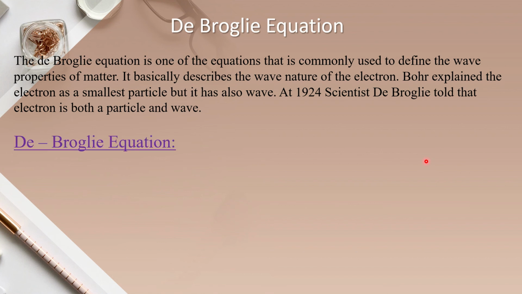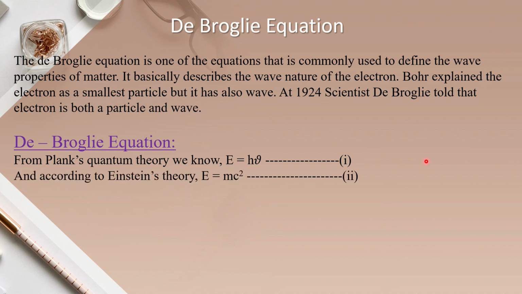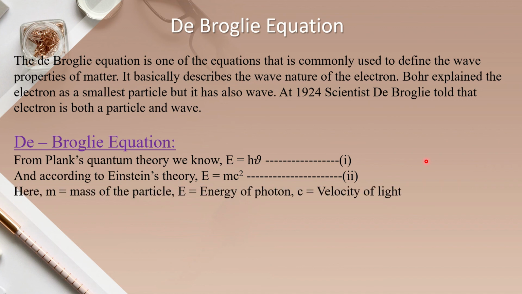Now, the derivation of the de Broglie equation. From Planck's quantum theory, we know E equals h nu, where E is the energy of the electron, h is Planck's constant, and nu is the frequency. And according to Einstein's theory, we know E equals mc squared. Here m is the mass of the particle, E is the energy of the photon, and c is the velocity of light.